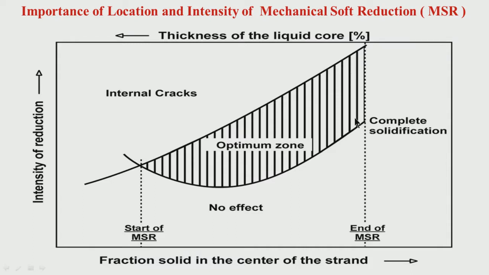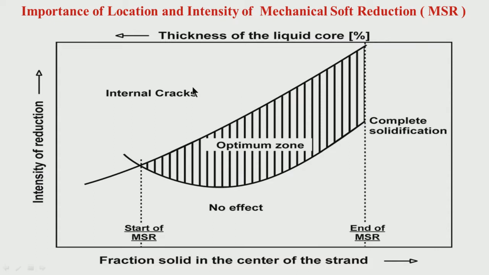So, this is very important, that optimum intensity is important, and the optimum location where you put mechanical soft reduction is also important. If you put less, insignificant pressure, there will be no effect. The whole idea of putting mechanical soft reduction will be of no use if it is not adequate, but if the amount of reduction is more, then you may have generation of internal cracks.